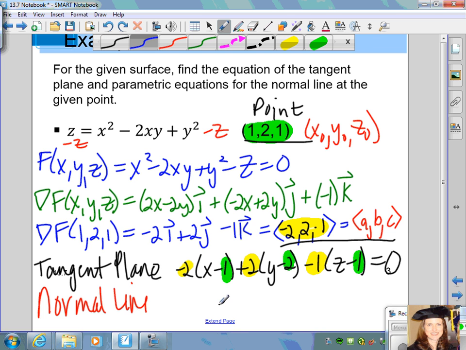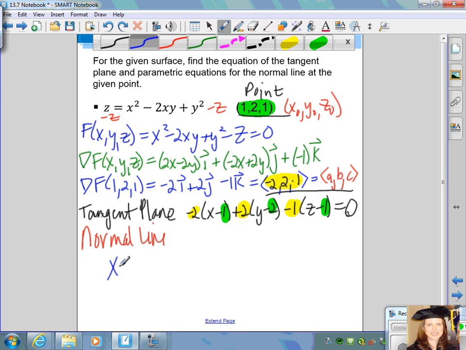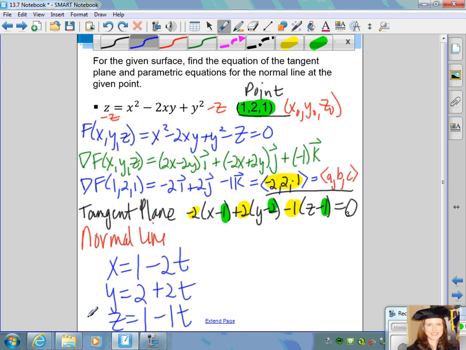Those equations will be x is equal to your starting x, would be the x on the point, minus your 2t, that's from the normal vector. Your y is equal to your starting y from the point, plus 2t, and then your z is equal to your starting z, 1, minus 1t. So those would be the parametric equations for the normal line at the given point on that surface.